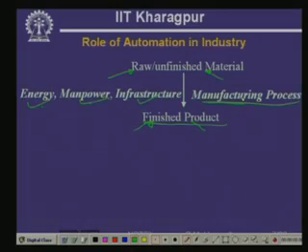And using these, and through a manufacturing process, the raw or unfinished material is transformed to a finished product, right. So, this is the basic function of a factory.